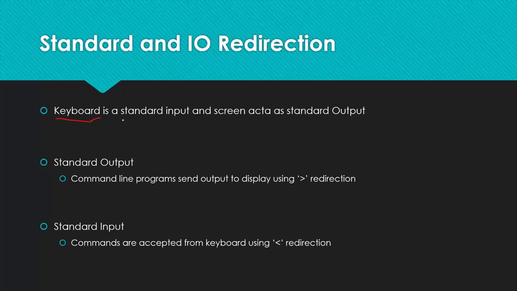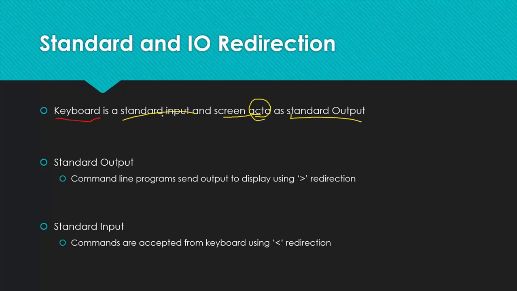This is called standard input. Now, standard output: we'll consider something called standard output, which is your screen. The output screen, like your display or monitor, we are going to consider as standard output.